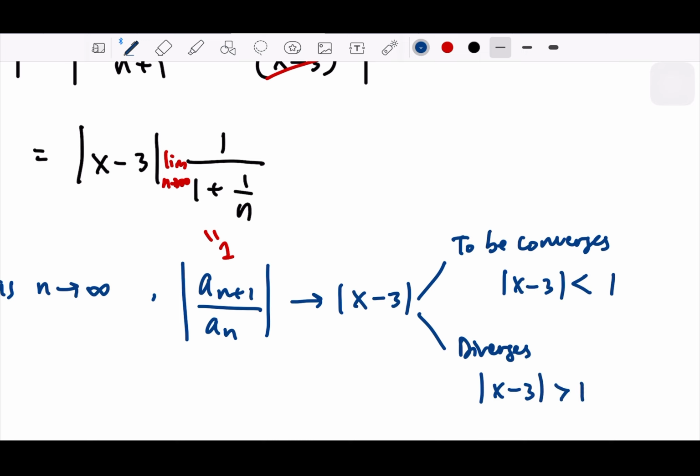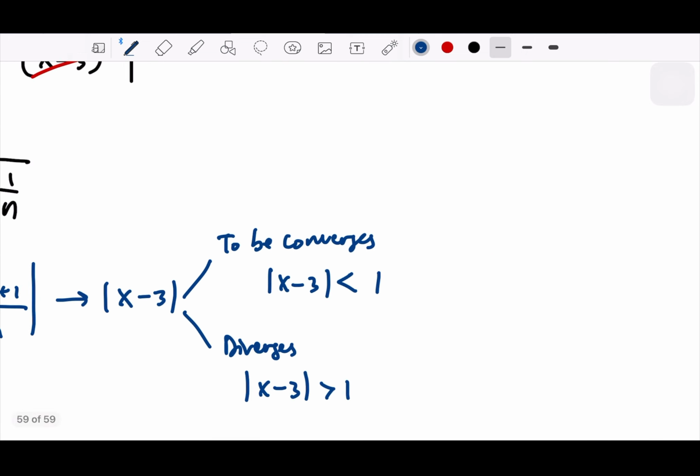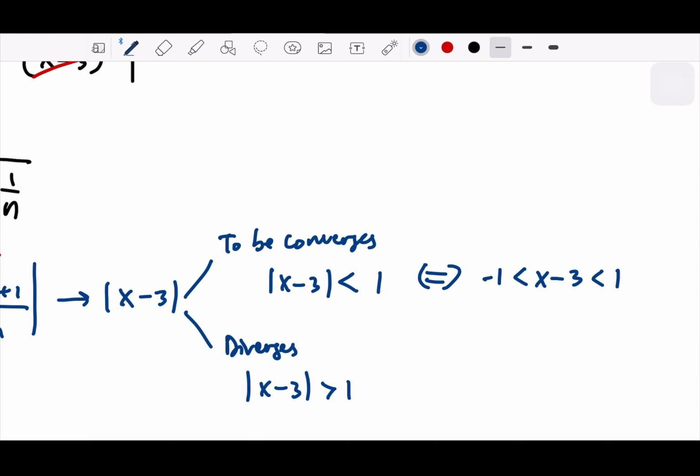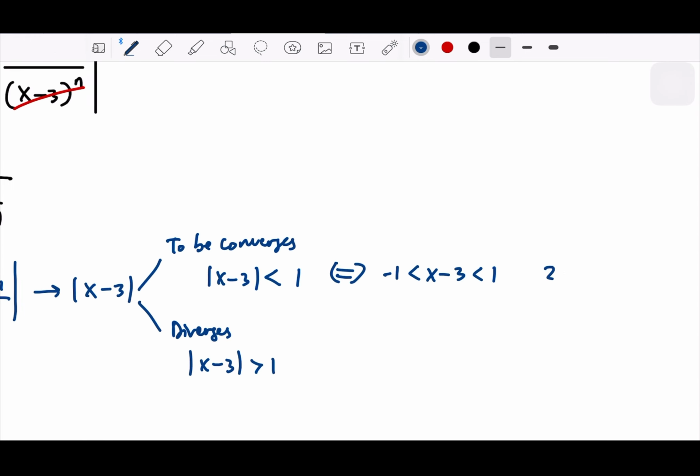So we now have the interval of x that makes the series converge. When x is from 2 to 4, excluding 2 and 4, the series will converge.